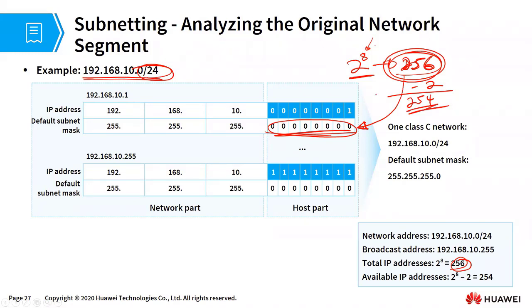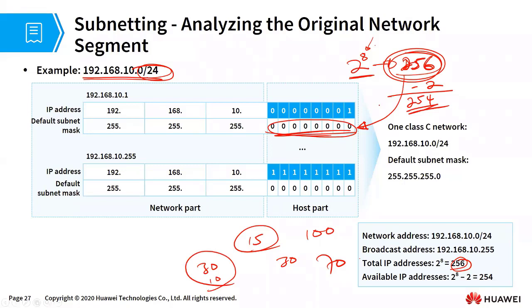And I'm saying this is still too large for today's companies. If any of you has gone into the field, you've found a mid-sized or small company that wants you to network their company, and they have 15 users, 30 users, 100 users, 70 users, maybe only 30, and they expect on a daily basis about 10 guests. So they want about 40 usable addresses. Giving them an entire /24 is a wastage.